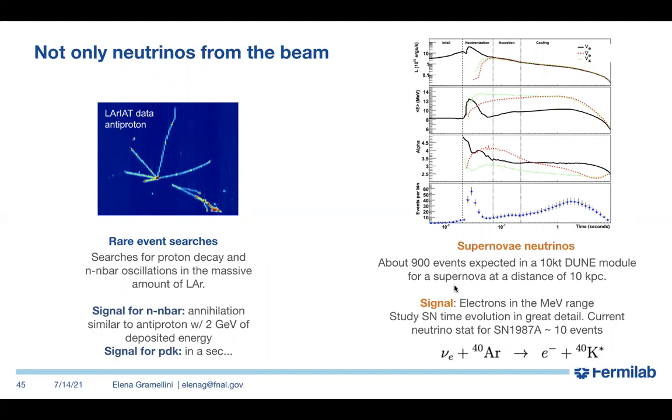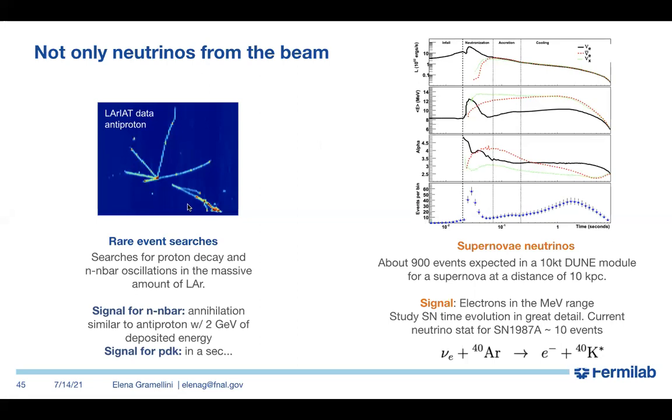The signature is this kind of star shape, like 2 GeV deposition, because you have the energy of the NN-bar. It's going to give you a bunch of pions and some protons in the final state. This is something I was telling you about before, when I told you we can shoot antiprotons in the TPC with LArIAT, and we can see the topologies, and it's going to look kind of like this.